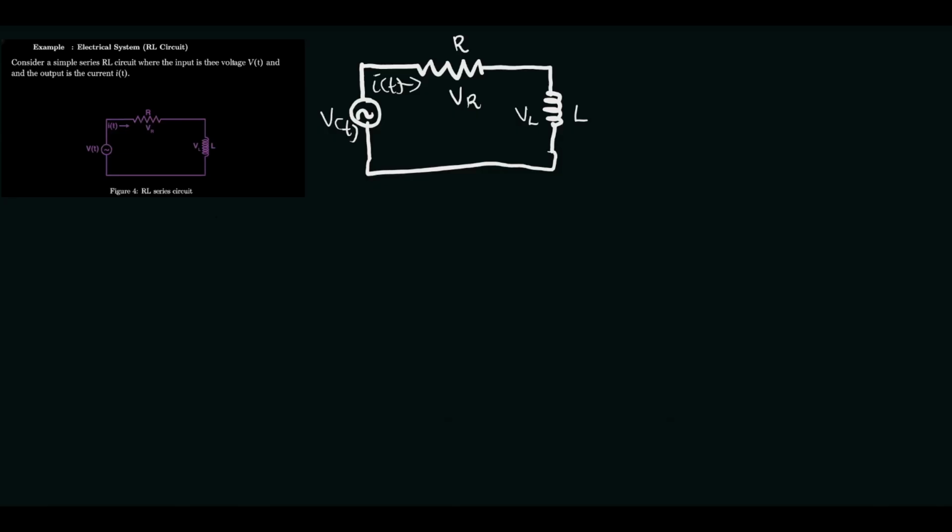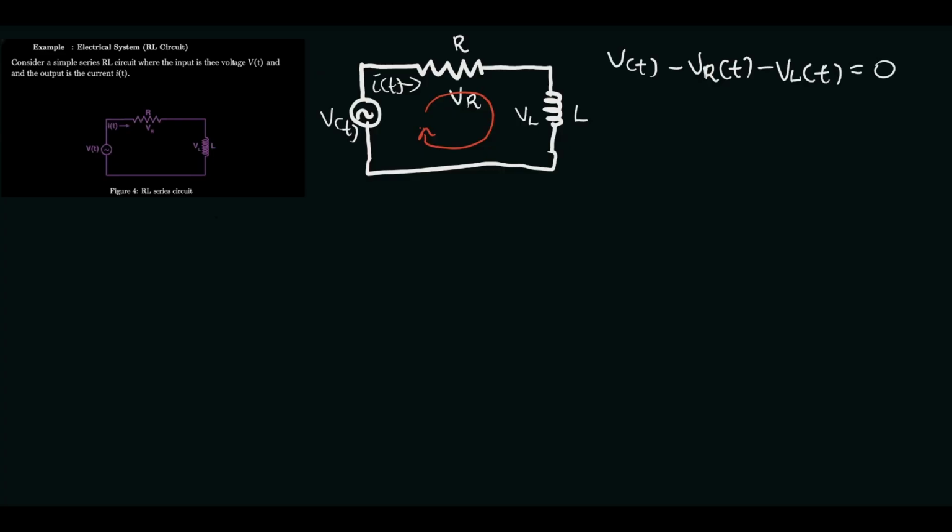What we're going to do is to find the KVL of this circuit. KVL is Kirchhoff's voltage law, which states that the sum of voltages in a loop is equal to 0. Taking the KVL, we have V(t) minus VR(t) minus VL(t) is equal to 0.